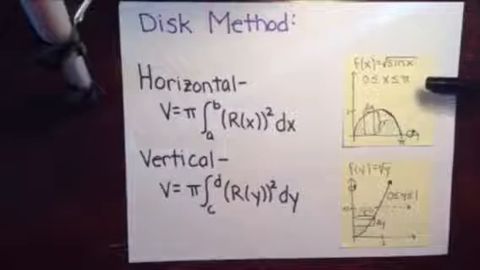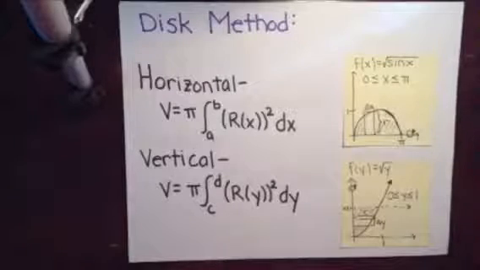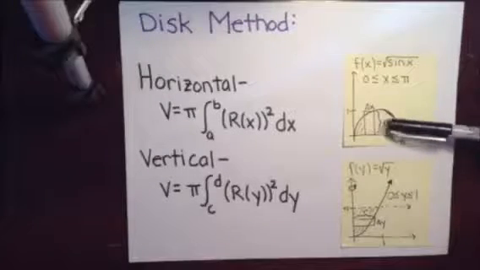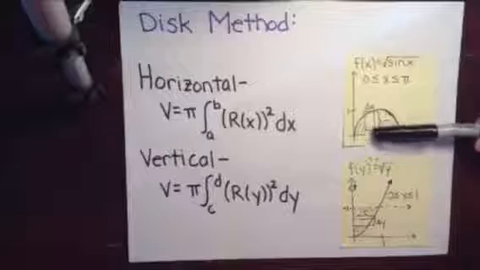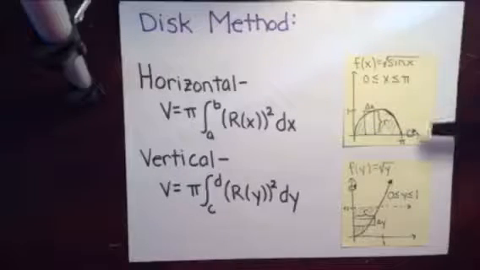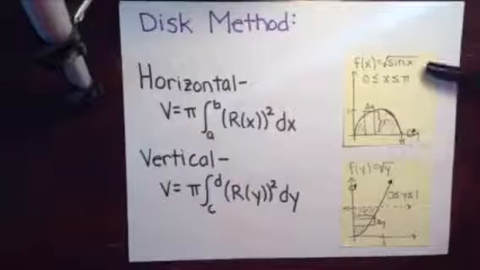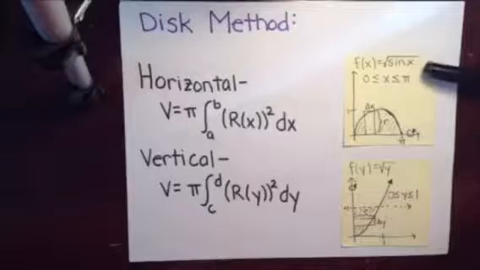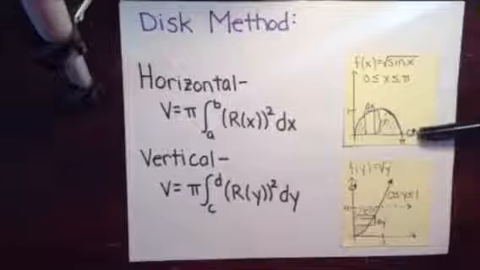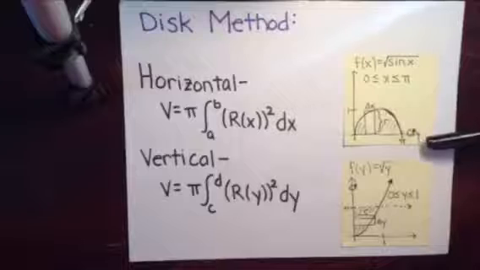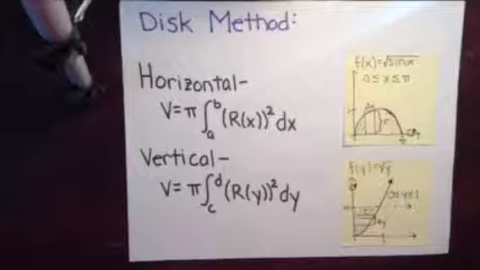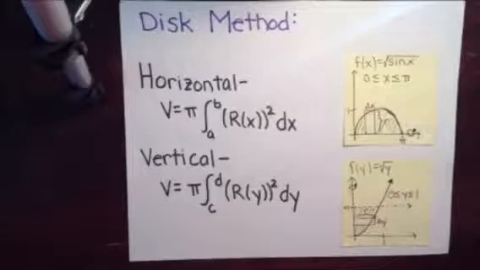So right here we have f of x equals square root of sine x. That's this shaded region right here, and I've drawn in the differential strip too. The function is written in terms of x, and we also have the axis of revolution being y equals 0, the x-axis.